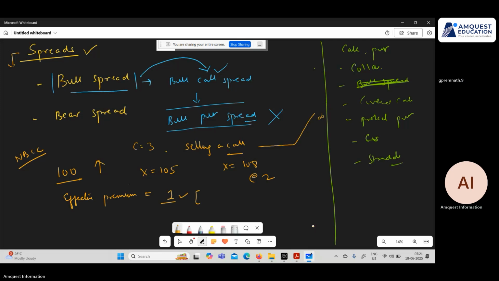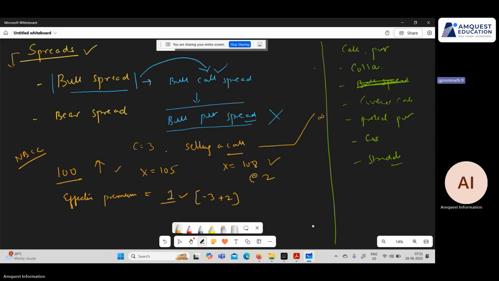Absolutely, right? And obviously, when I'm going to earn, I would not earn anything before 105, and I will not earn anything post 108. Do you agree?